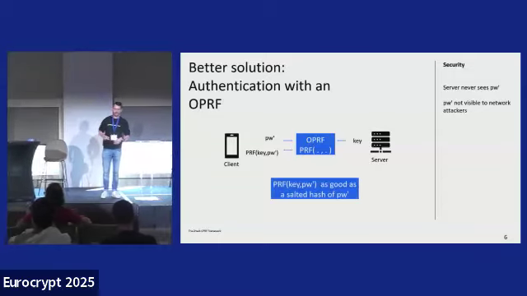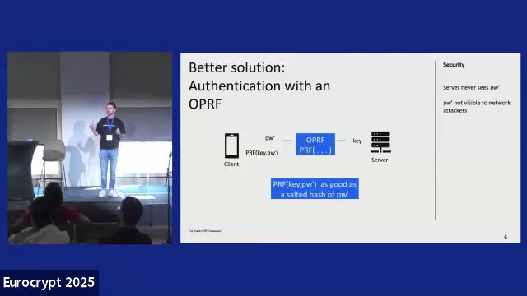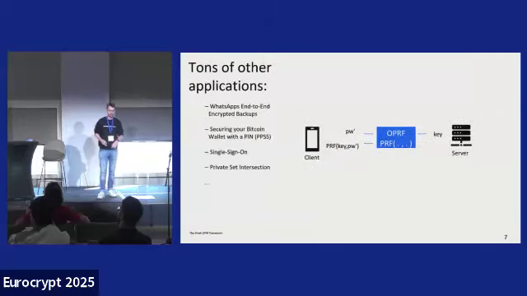In some sense, you can think of this as a way of salted hashing, but the server never has to see your password to compute the salted hash of the password. Of course, this is not the end of the story. You have to do a little bit more, but this is roughly the intuition behind the celebrated OPAQUE protocol.